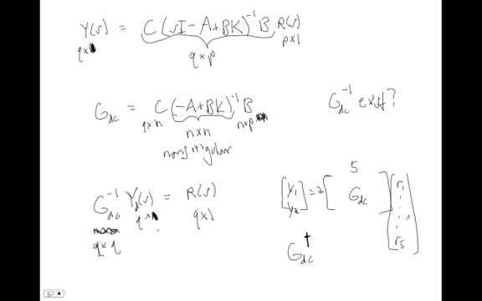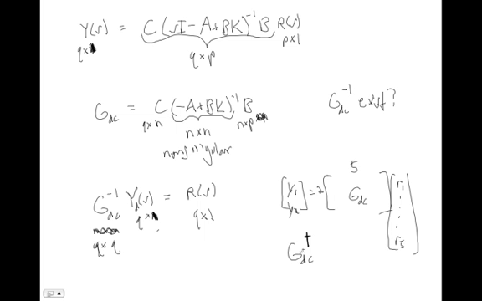If there are infinitely many solutions, you have to find a good way to choose r. So for this 5 by 1 vector, it chooses the vector that has the smallest norm. It tries to use the smallest inputs possible.